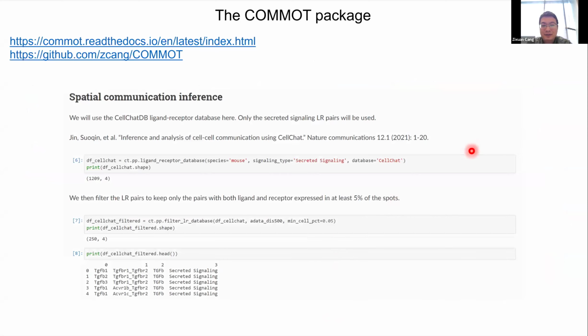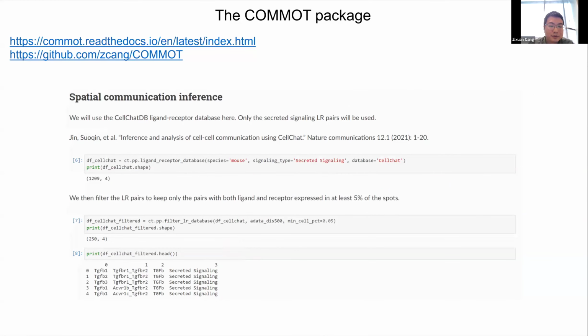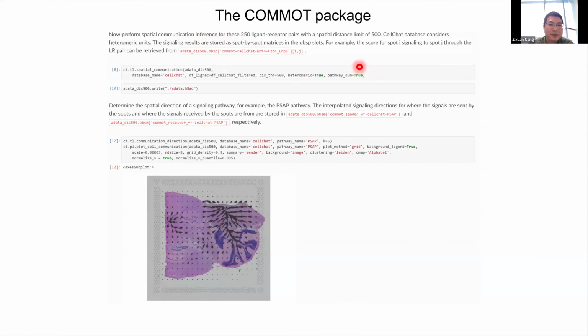I'll give an example of the code interface. This method requires two things. One is a given ligand receptor database. In this particular example, we're using our familiar CellChat. The other is an AnnData object with annotated spatial distances.